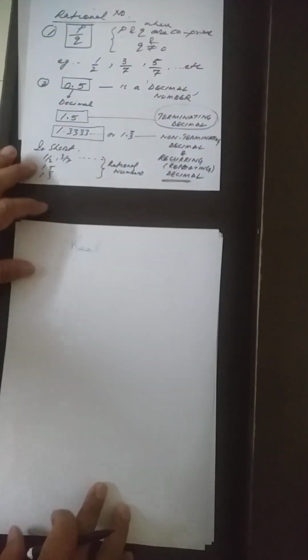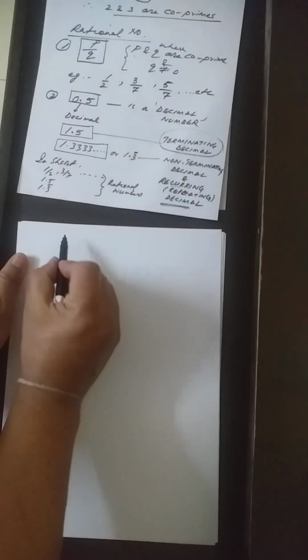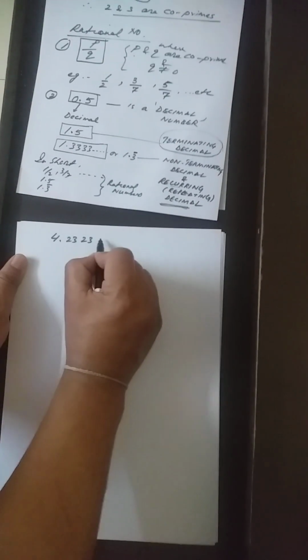Similarly, what about this one? Say 4.232323.